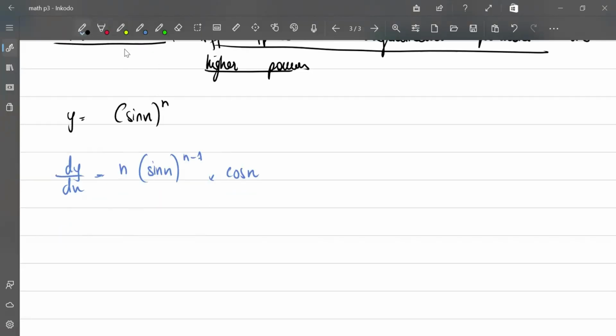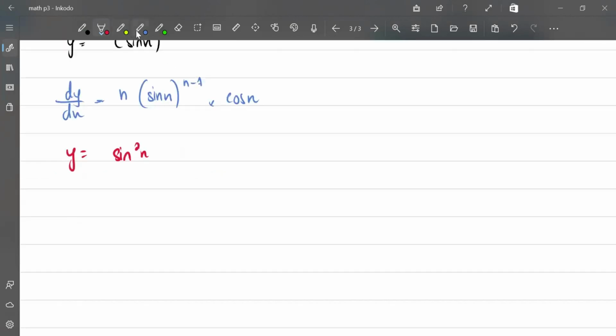Okay, so let's take an example when y is equal to, let's say, sine square x. All right, so dy over dx would be 2 sine x, 2 minus 1 is 1, into differential of the bracket, which is sine x, which is cos x, right? So dy over dx is 2 sine x cos x.